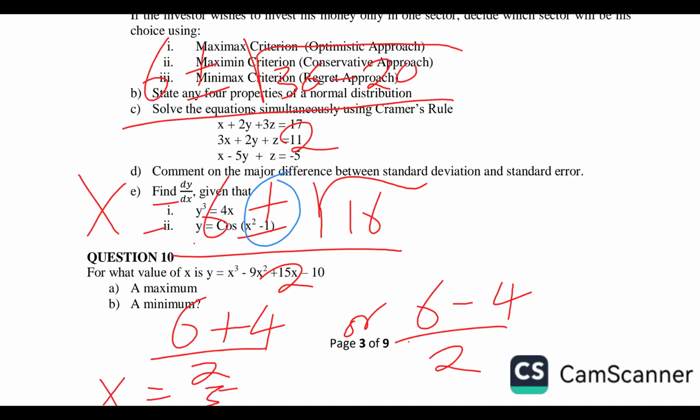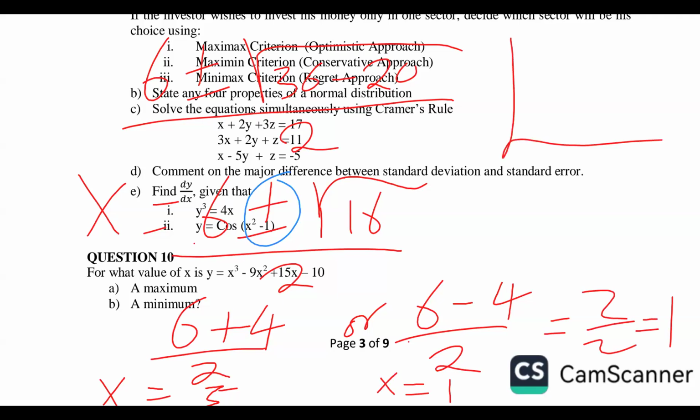And 6 minus 4 is 2, and 2 divided by 2 is 1, so x is equal to 1. So the two critical values are x equal to 1 and x equal to 5. Is that clear now?